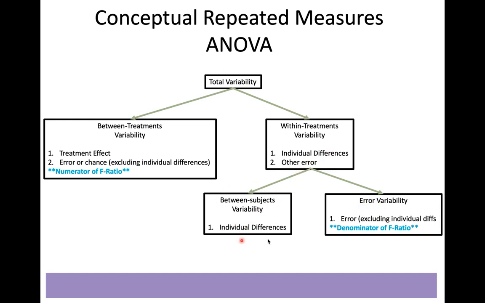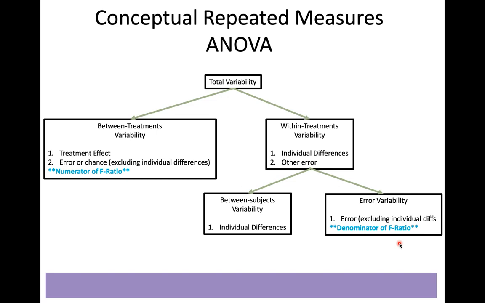I get to throw away the individual differences and use only what's left over, which is error variability, as the denominator of my F ratio. So in a repeated measures ANOVA, the denominator of the F ratio will always be smaller than had we done a one-way ANOVA. And that's the power, the mathematical power of using a within subjects repeated measures design.